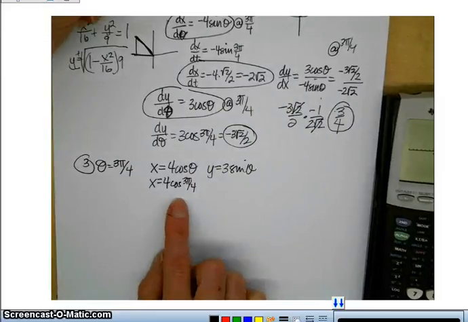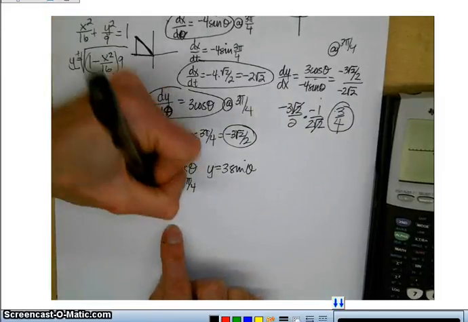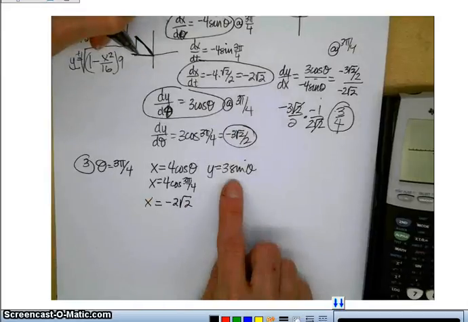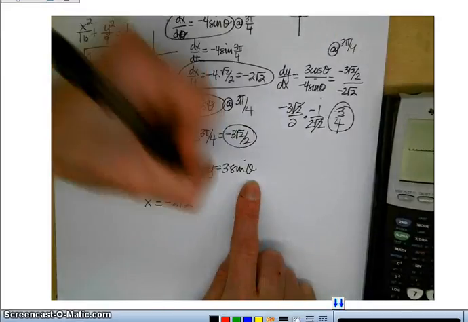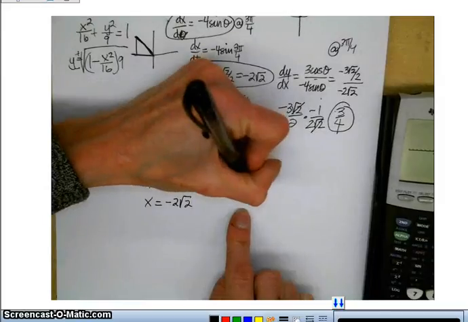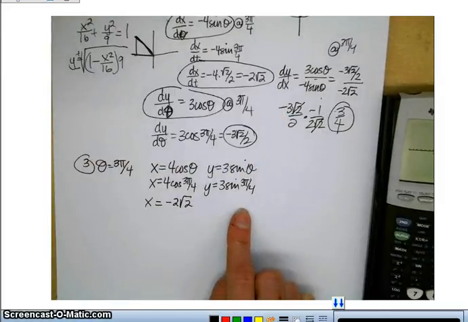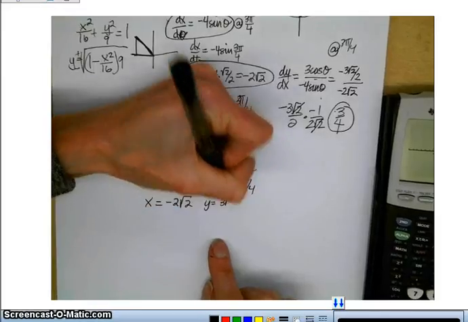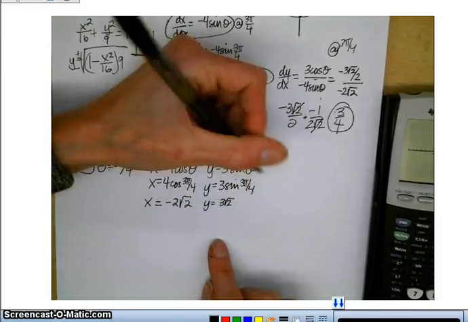The cosine of 3 pi over 4 is negative radical 2 over 2, so that'll be negative 2 radical 2. The y value when theta is 3 pi over 4, the sine of 3 pi over 4 is positive radical 2 over 2, so y is 3 radical 2 over 2.